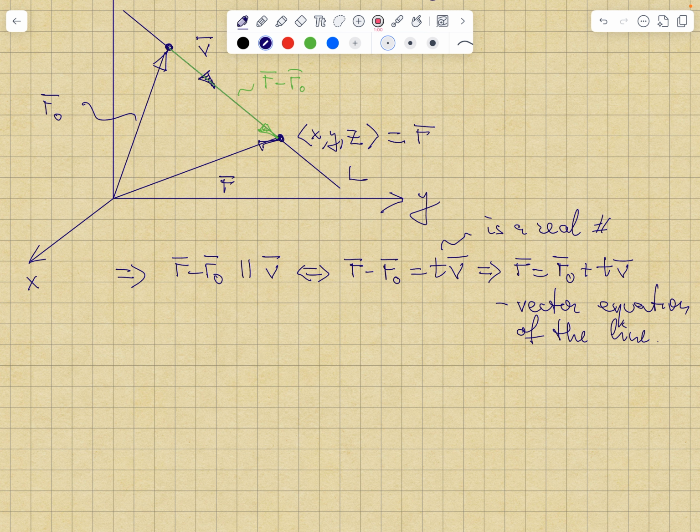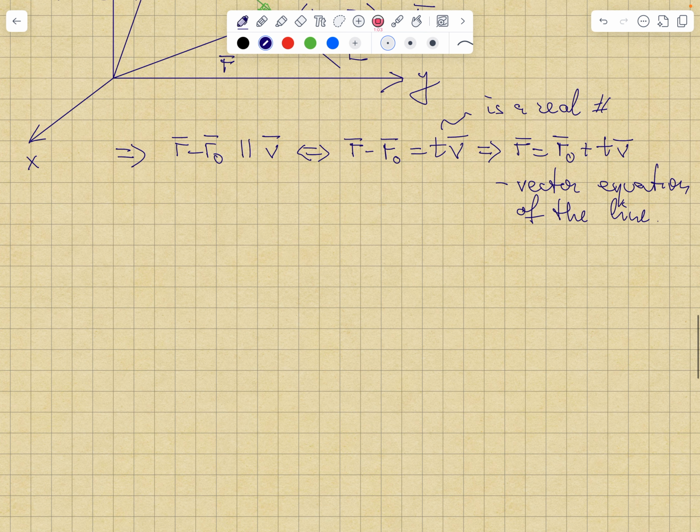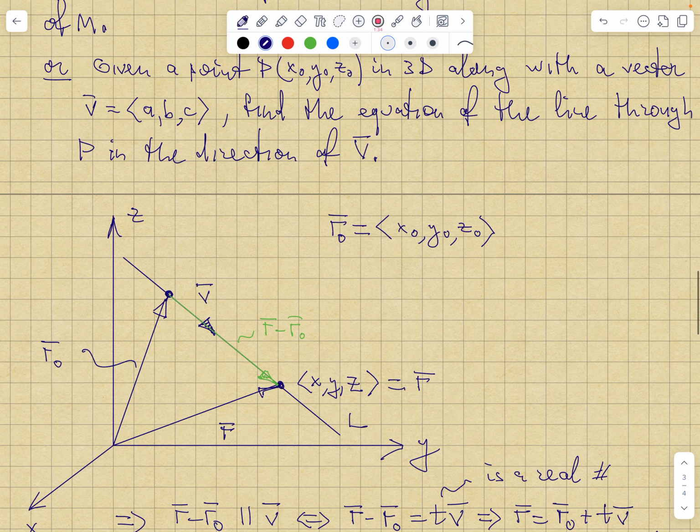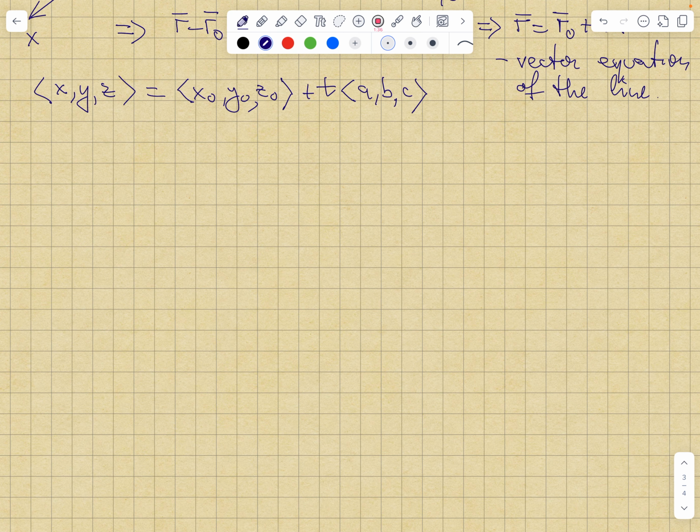Okay, now we can take that equation and split it into components. So (x, y, z) must be equal to r0, which is (x0, y0, z0), plus t times v, and v was (a, b, c).